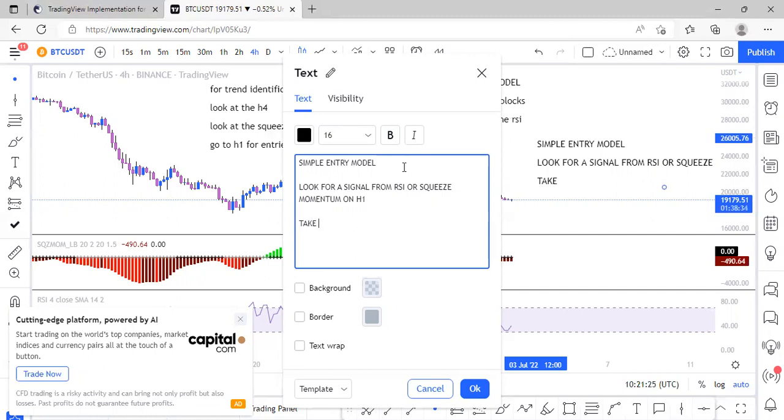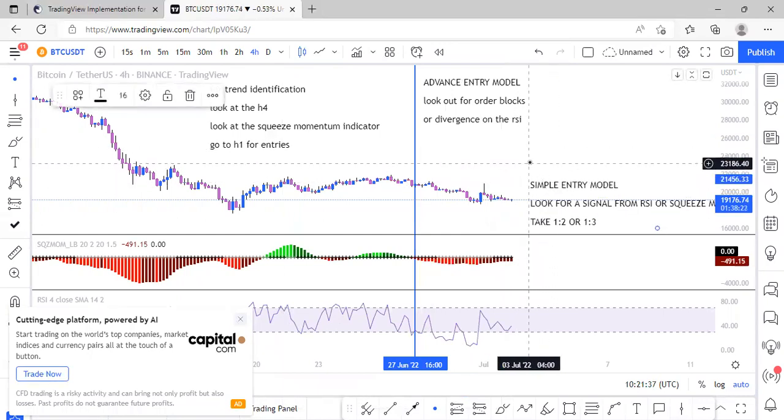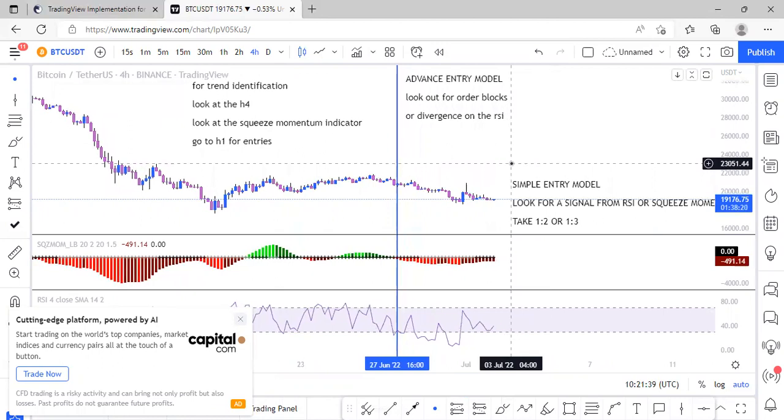Take profit should be 1:2 or 1:3. All right, so you can write this down, keep it in mind.